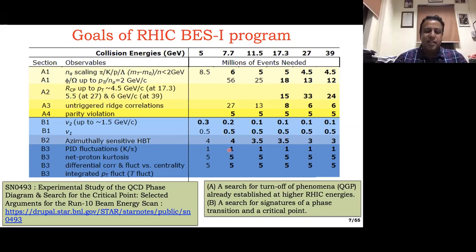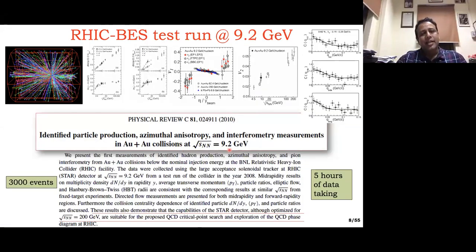This was presented to the program advisory committee, and they first said that we have to demonstrate that the RHIC accelerator can deliver beam at lower energies, and the detector can successfully take data at lower collision energies. So we were given a test run at 9.2 GeV, gold-gold collision center of mass energy.